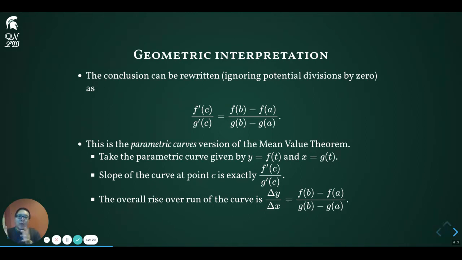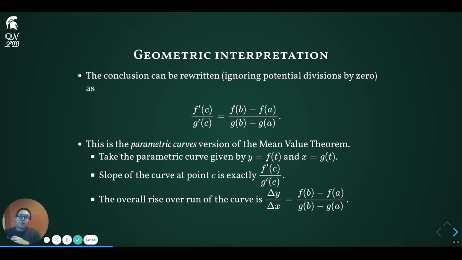First, let's rewrite the conclusion a bit. Suppose that neither g prime of c nor the total change in g is 0. We can divide through and rewrite the conclusion of Cauchy's theorem as: the ratio of derivatives of f and g is equal to the ratio of their total changes. This makes it easier to connect with the parametrized curves picture.